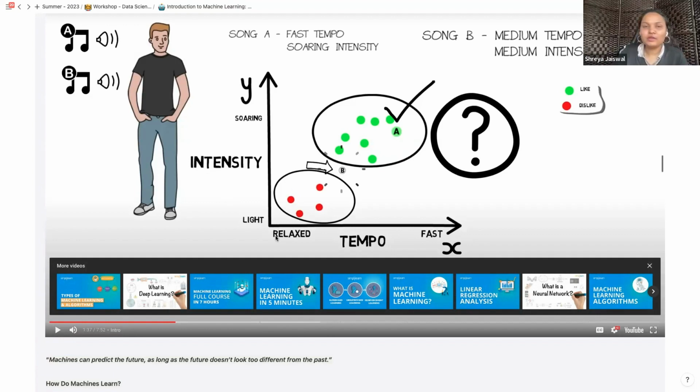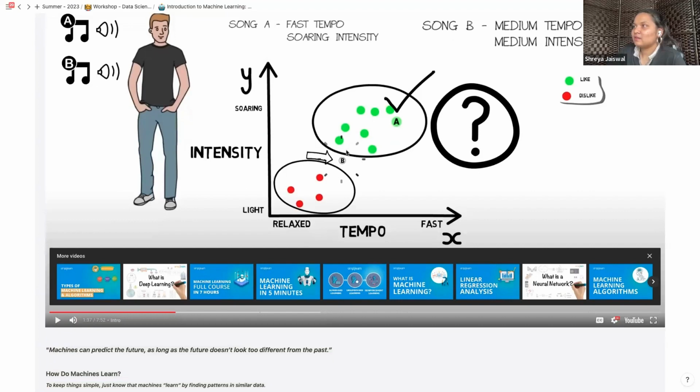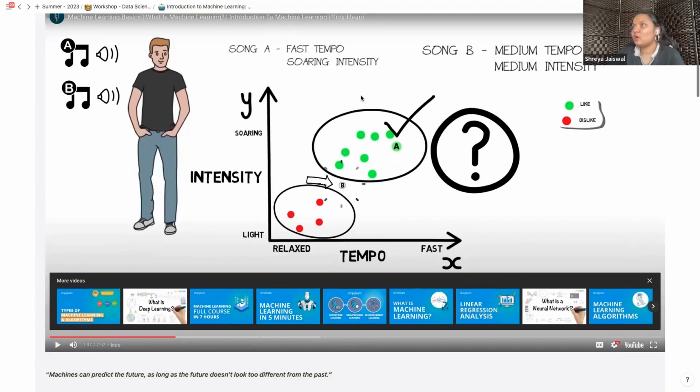If the tempo is slow, that's usually more of a relaxed and calm song. And if the tempo is high, that's more of a party or pop kind of song, right? So here we see that most of the songs which Paul likes are towards the faster tempo side.